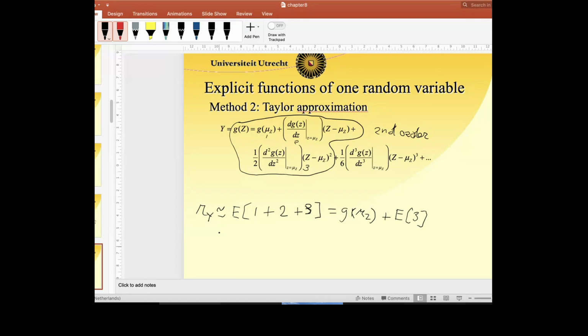So the expected value of 3 is equal to half times the second order derivative, so that's differentiating g twice with respect to z, evaluated at mu z, times the expected value of z minus its mean squared.